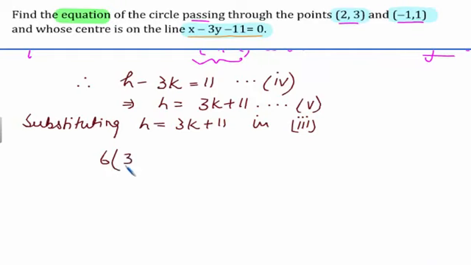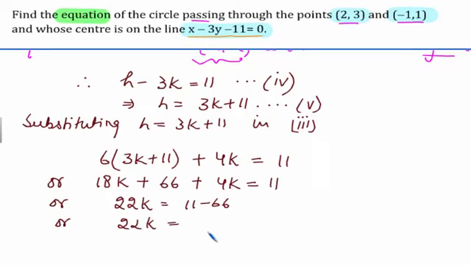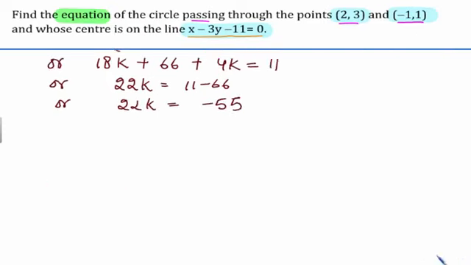So we have 6 into 3k plus 11 plus 4k is equal to 11, or this further implies 18k plus 66 plus 4k is equal to 11, or we have 22k is equal to 11 minus 66, or 22k is equal to minus 55, or we have k is equal to minus 55 divided by 22.